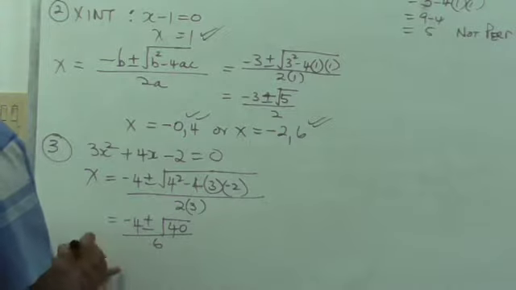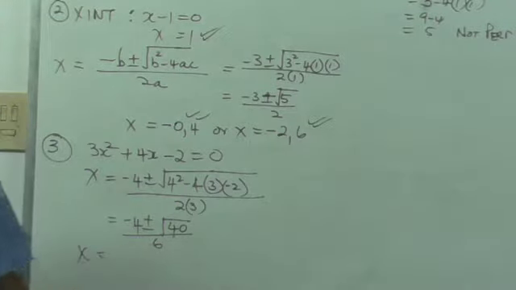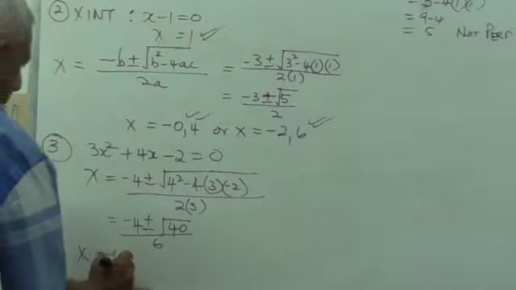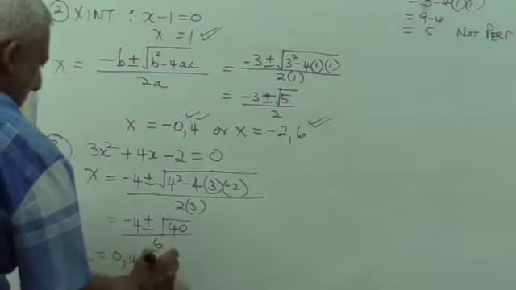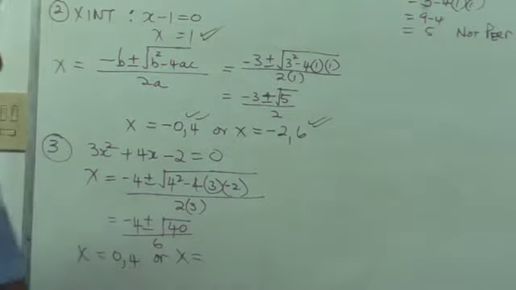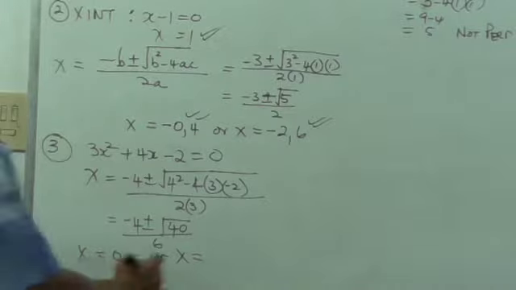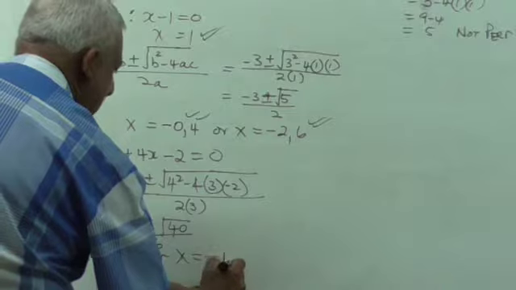And from this you will get your two answers. x is equal to 0,4, or x is equal to minus 1,3.